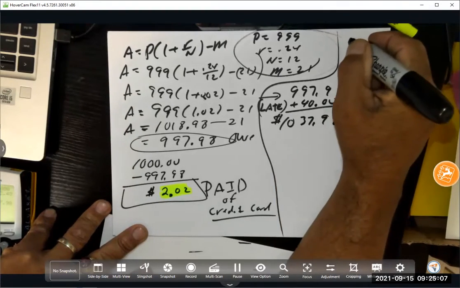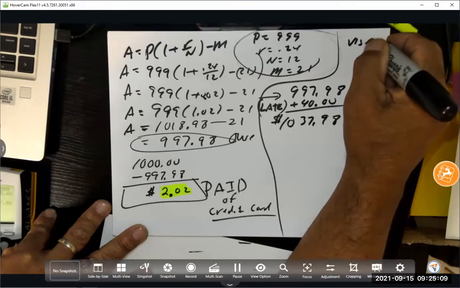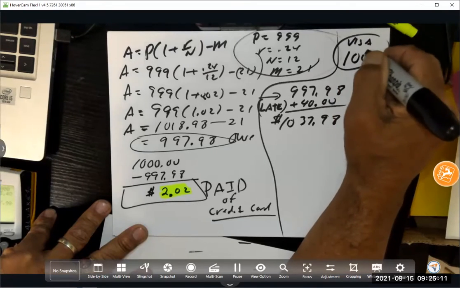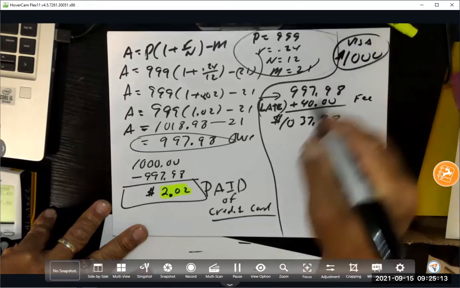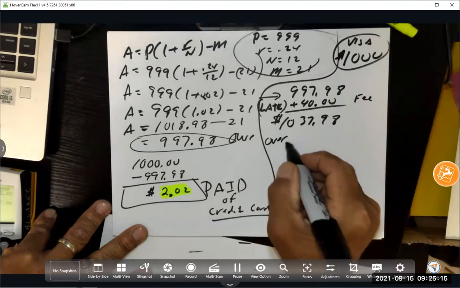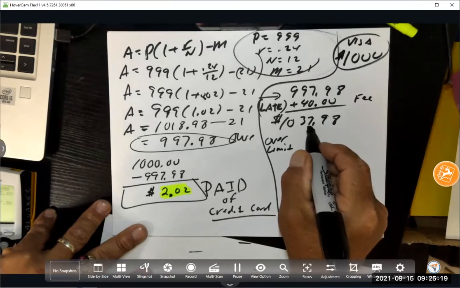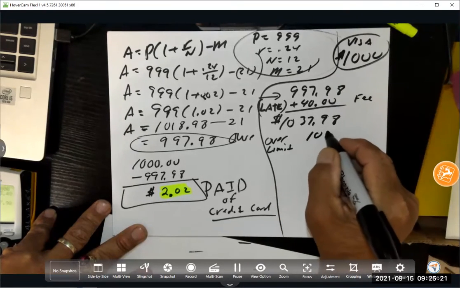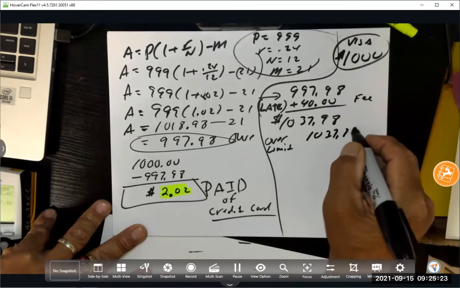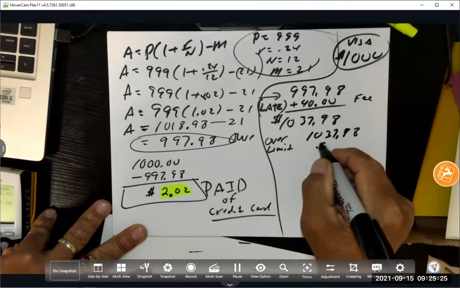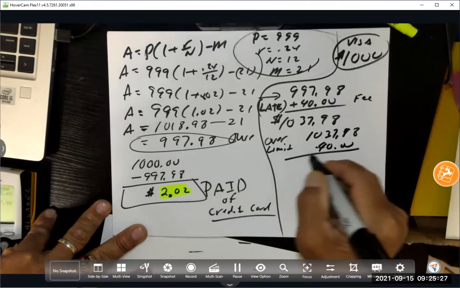Your Visa card is only good for $1,000. If you go over the limit, we charge you something called an over-the-limit fee. Your credit card just went over $1,000. So we're gonna charge you another fee for going over the limit. $40 more that you owe us.